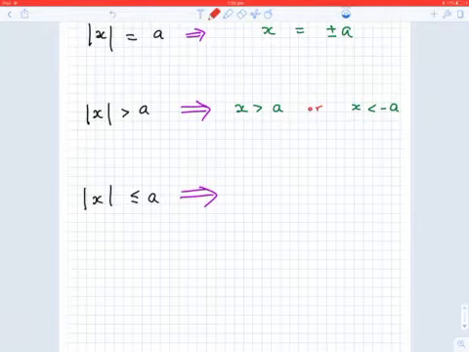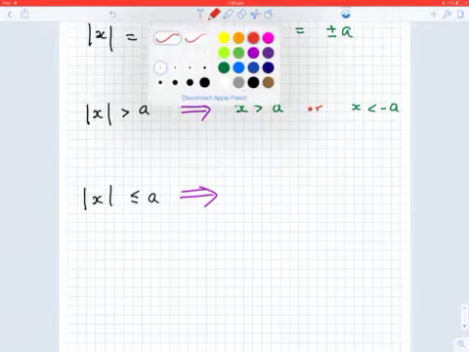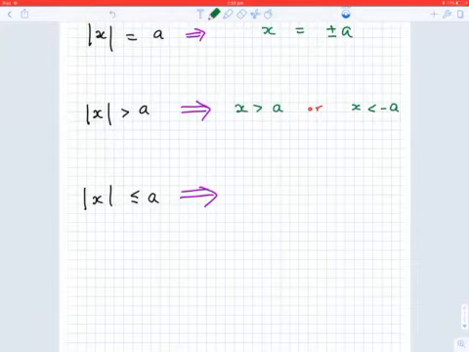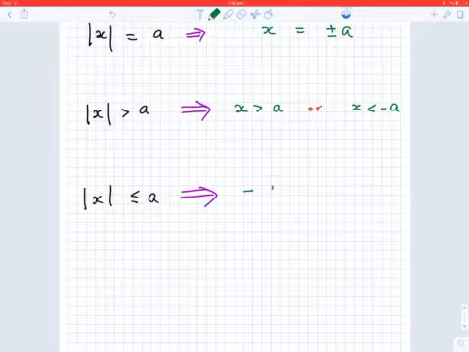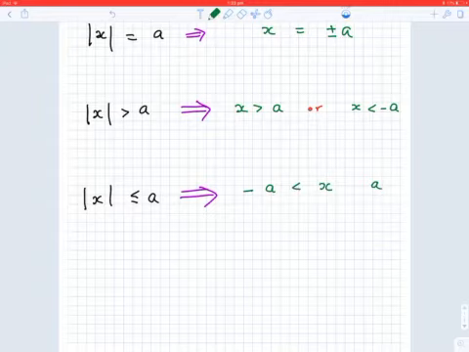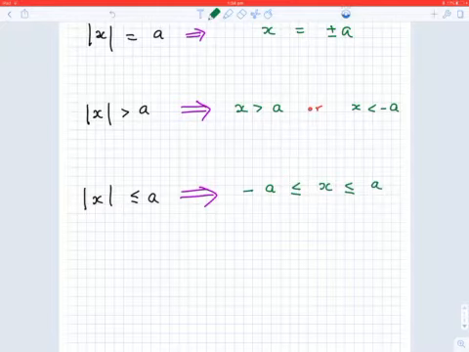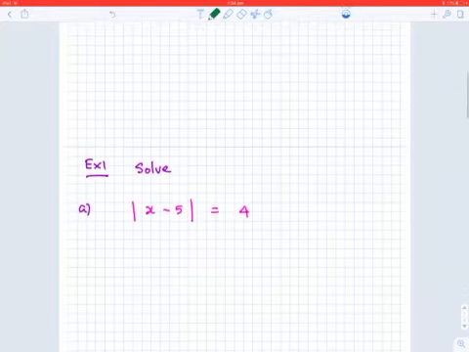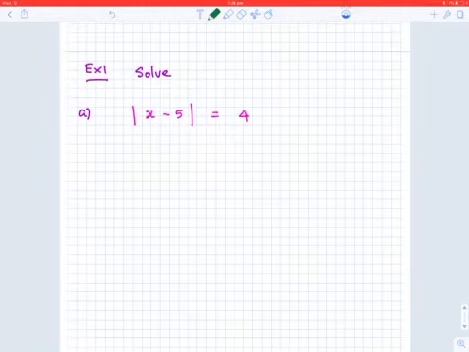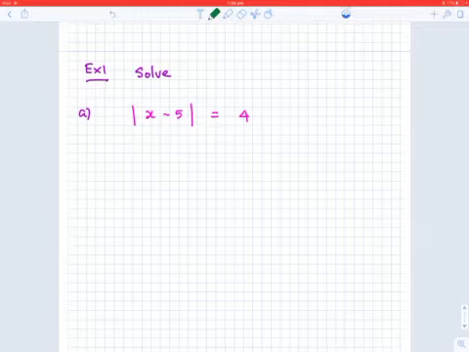Then the third result: the absolute value of x less than or equal to a means x lies between minus a and plus a. Because it is an equal to sign, I should put it like that. If you remember that, you should be able to do the following questions.